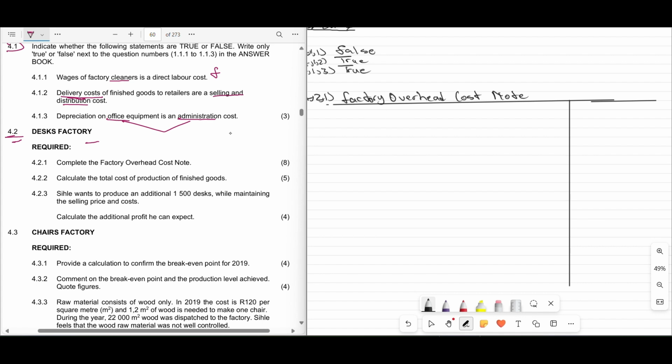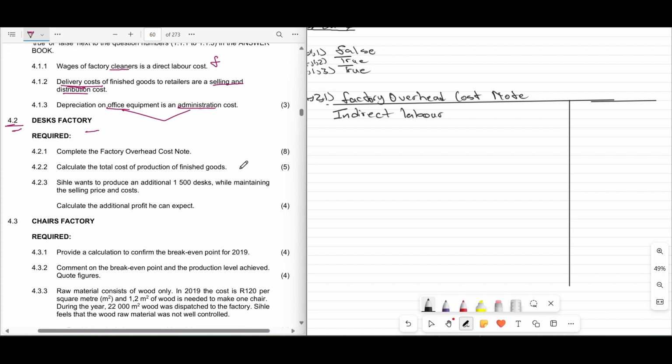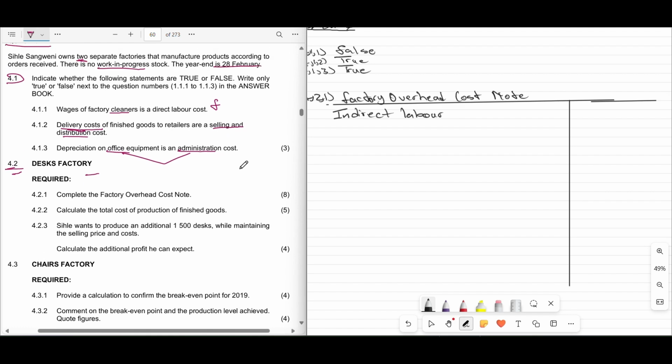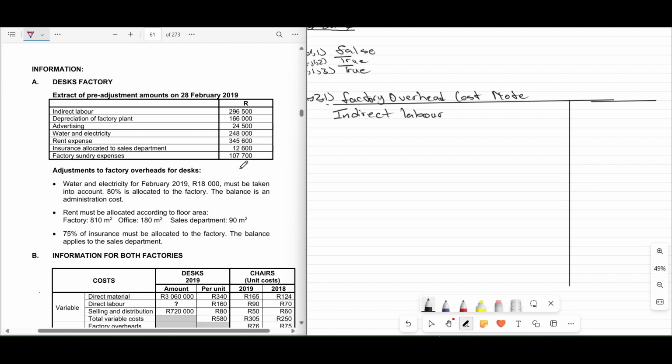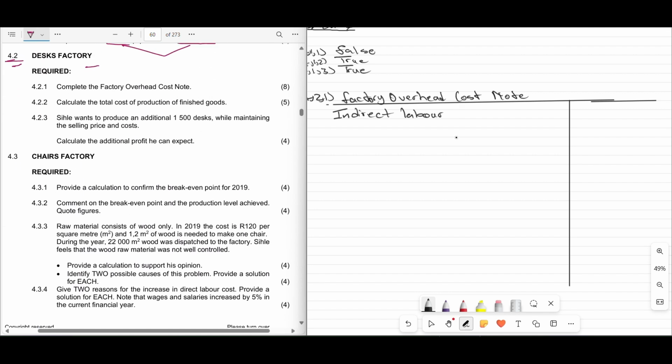Remember, I always tell you we will have indirect labor and indirect material. So indirect labor, and we know we are referring to cleaners and supervisors such as foremen. They didn't specify, so let's go to the information, because we are preparing the desk factory.